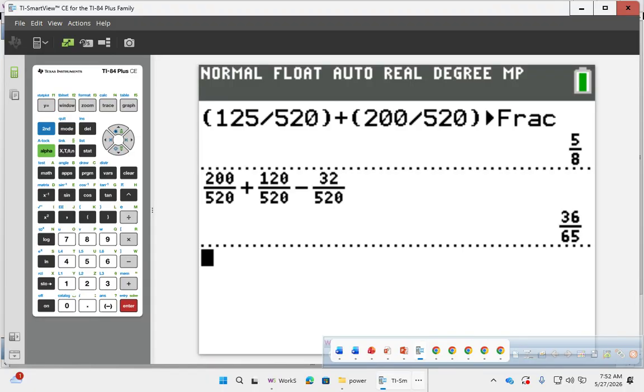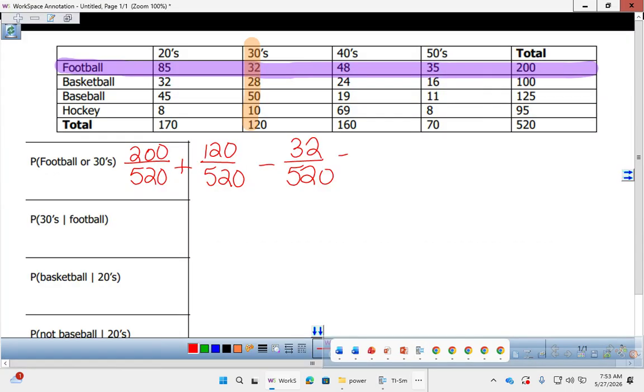I don't have to enter this. This will reduce the fraction for me. So 36 out of 65 is the answer for this one.